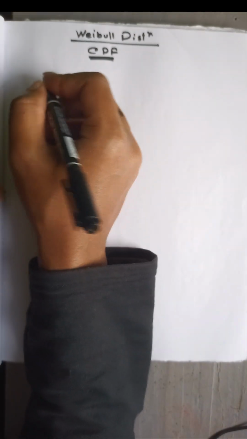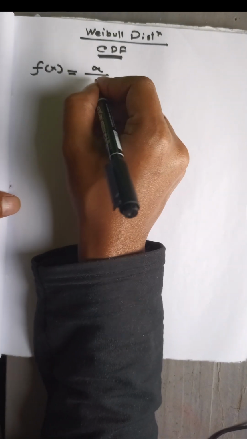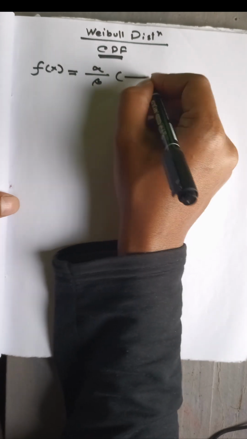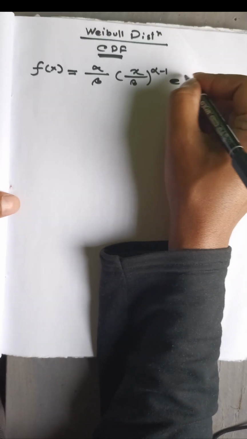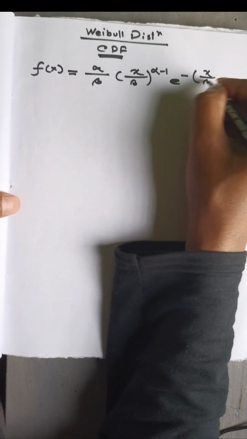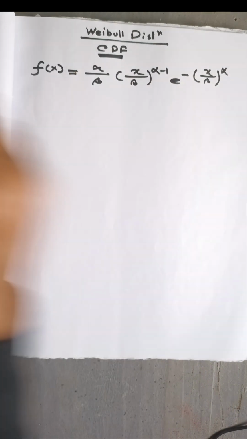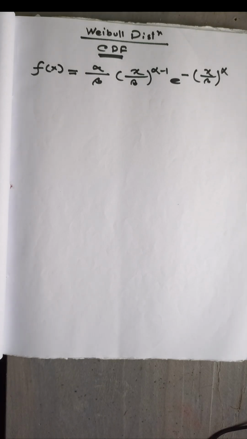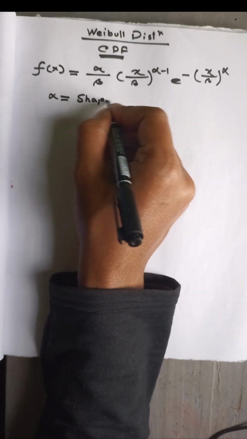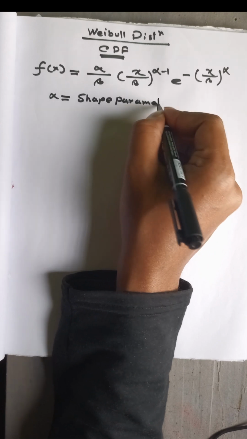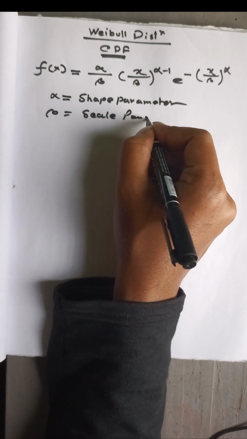Say the PDF of Weibull distribution looks like (alpha divided by beta) (x by beta)^(alpha minus 1) e to the power minus (x by beta)^alpha, where alpha is a shape parameter and beta is a scale parameter.